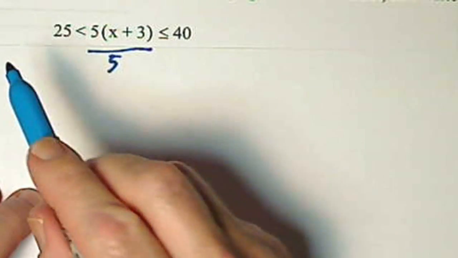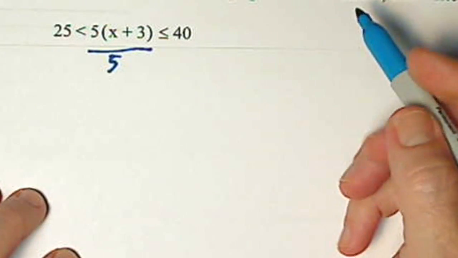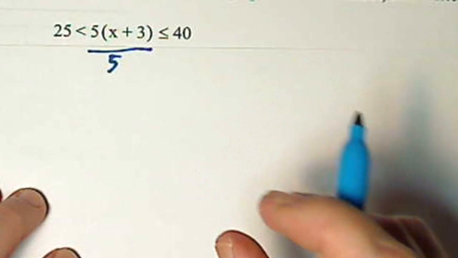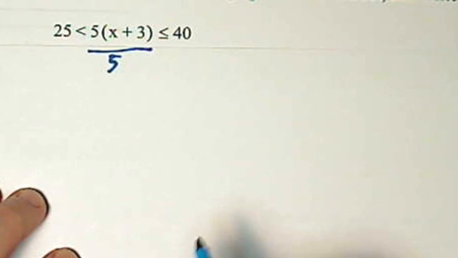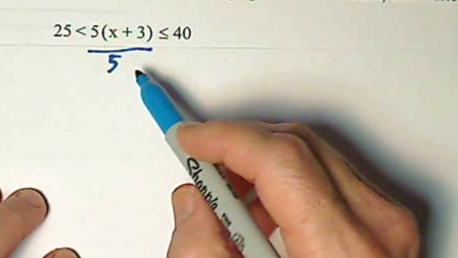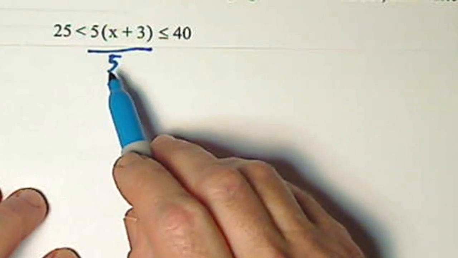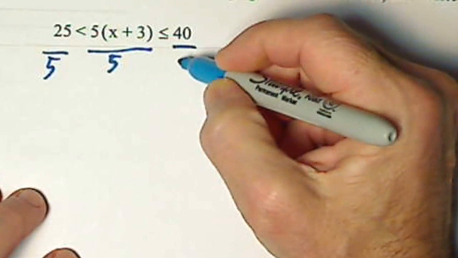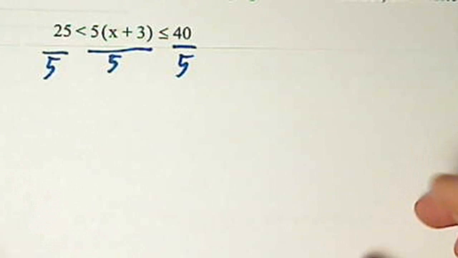I have to do the same thing in all 3 positions. When there's just an equal sign or one inequality, you do the same thing on each side. But now, it wouldn't really be right to say each side. You have to do the same thing on all sides. Divide by 5 and divide by 5.